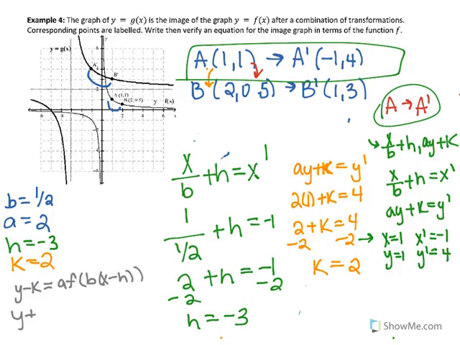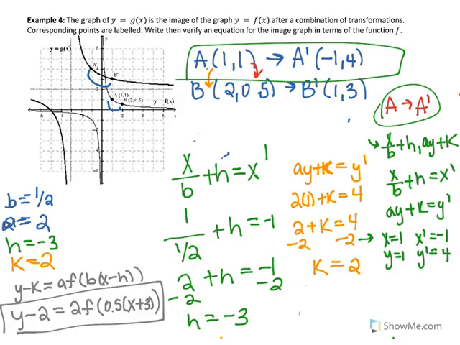So we have y minus k, so y minus 2 equals a, which is 2, f of 0.5 x minus negative 3, so plus 3. So there is our equation for this function.